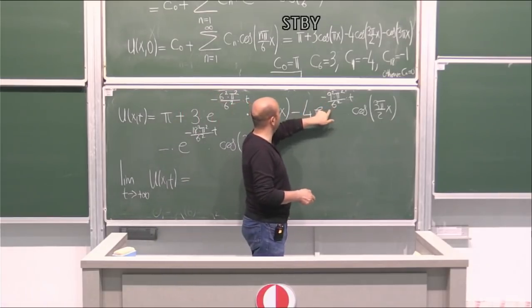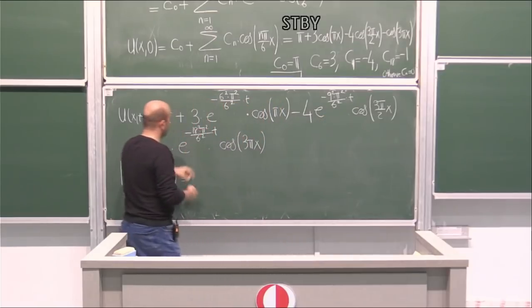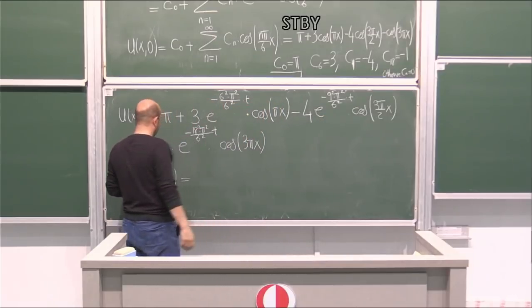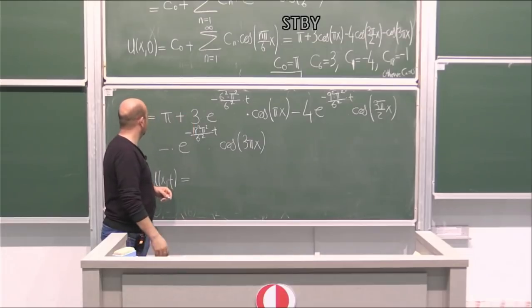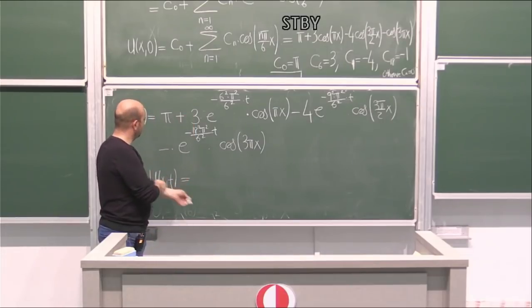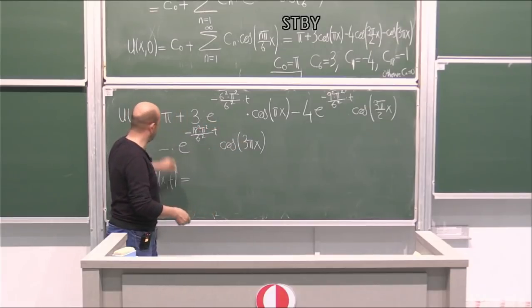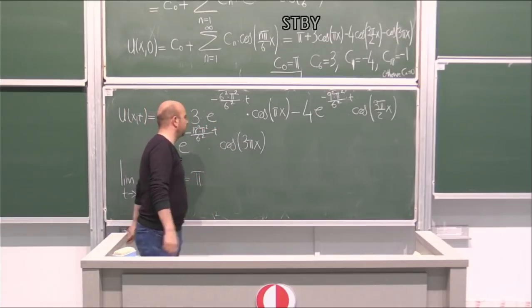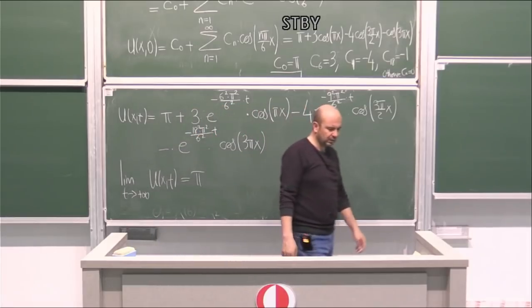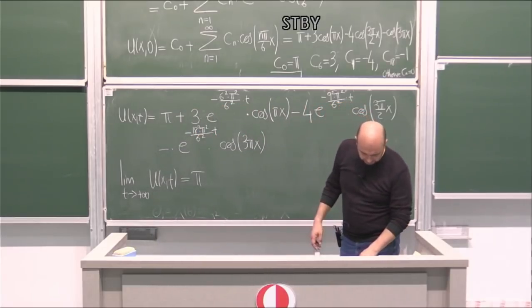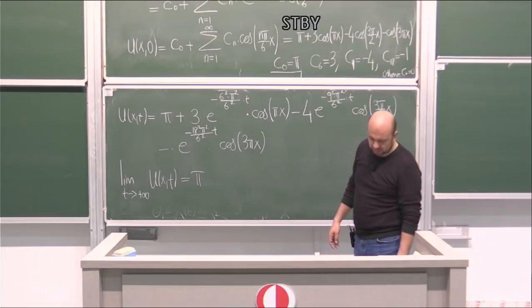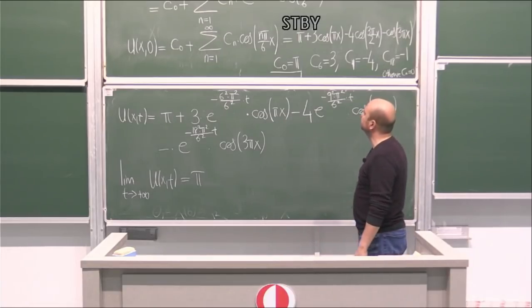Similarly, this part will go to 0. This part will go to 0. So 0 times those things, again like we did with the squeeze theorem. So we basically get 0 for these things, but only this one is remaining. So the answer will be pi. That's what we have. Okay, so this is the final answer we will get.